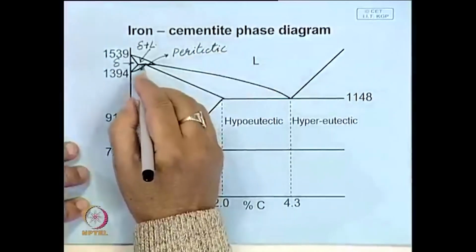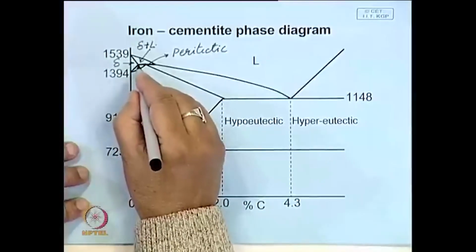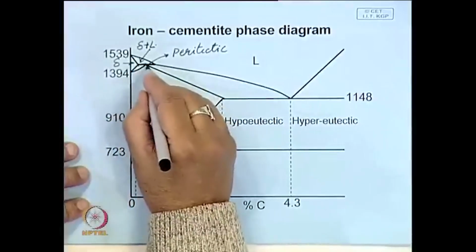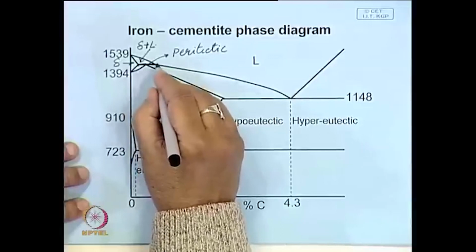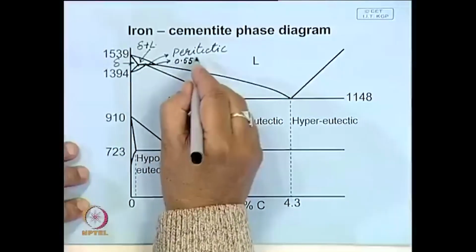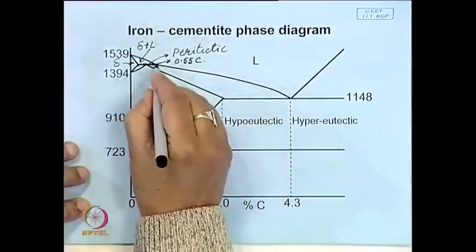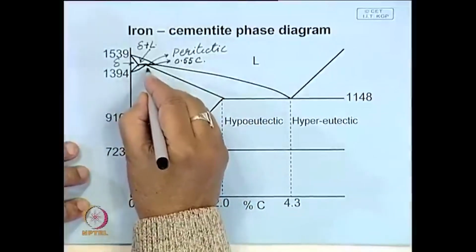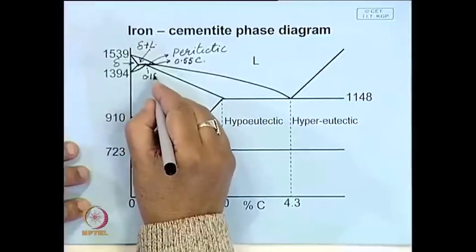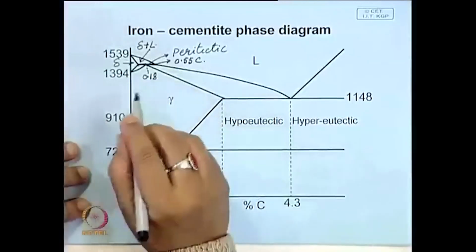Here this is 0.08% carbon, and then this reacts with liquid. This has, let us say, 0.55% carbon, and then it gives austenite of this composition, which has 0.18% carbon.